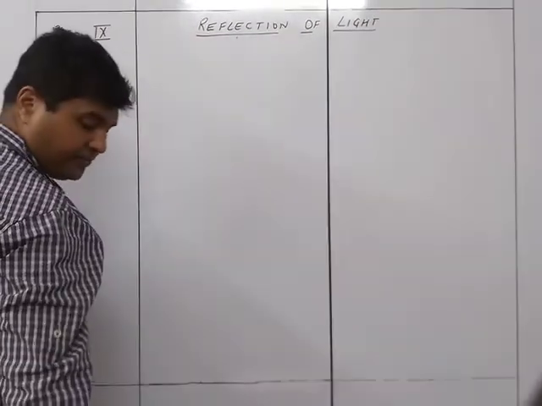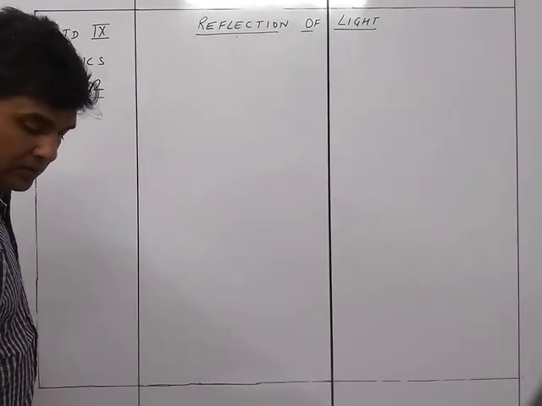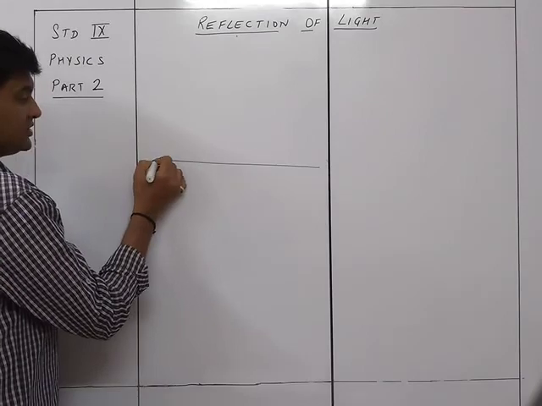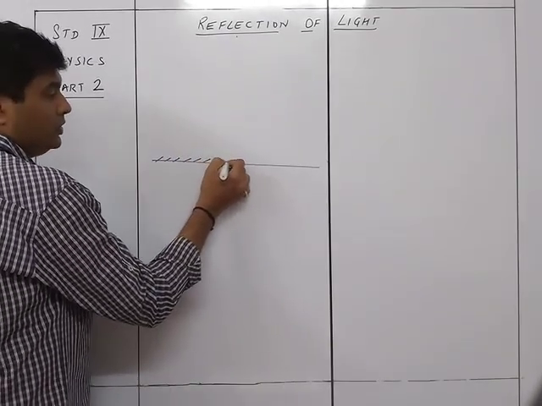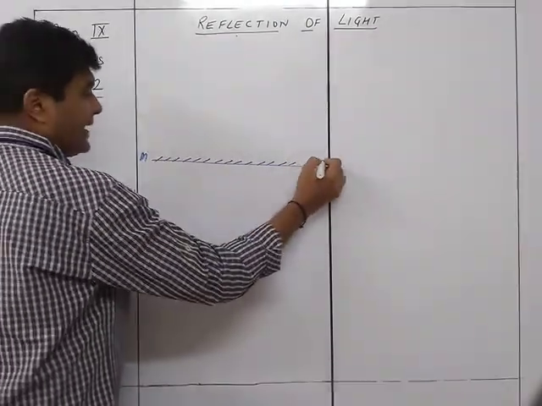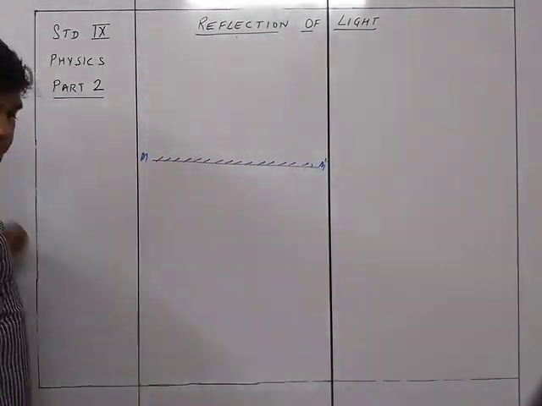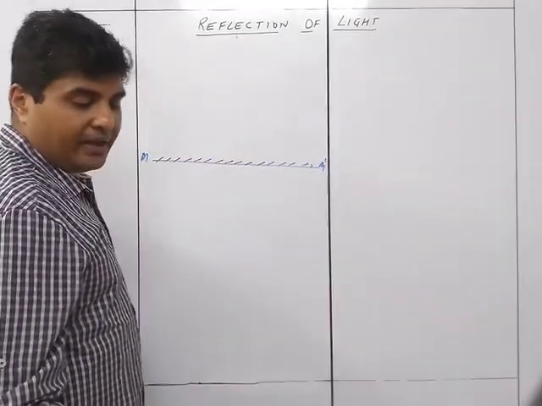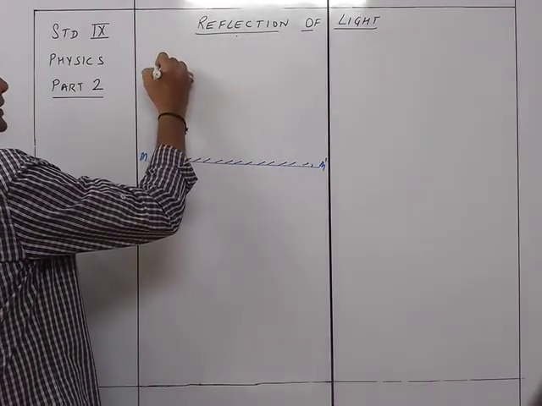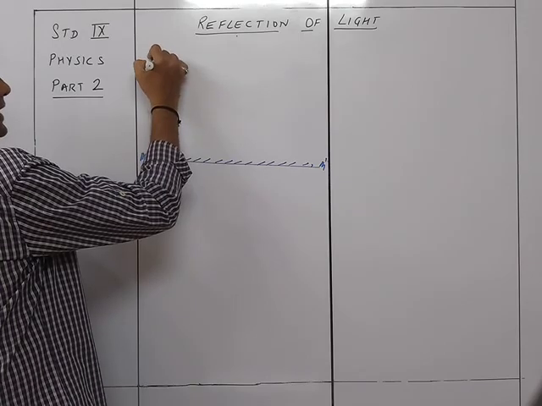So let's see, this is the mirror surface, so this is the mirror. We will always write it as M dash or M1. Then we will have a point over here, say let it be O.